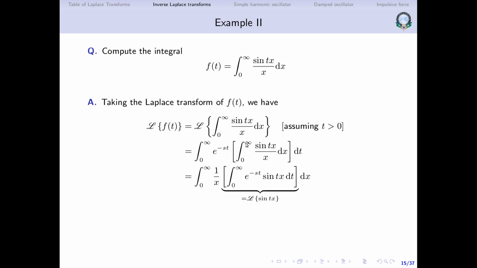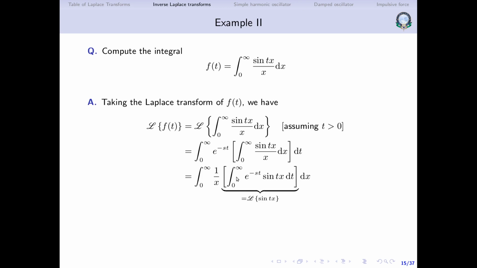So 1 by x, then what is left is the integral 0 to infinity e to the power minus st, sine t x dt, and of course this dx comes outside because I have changed the order of integration.